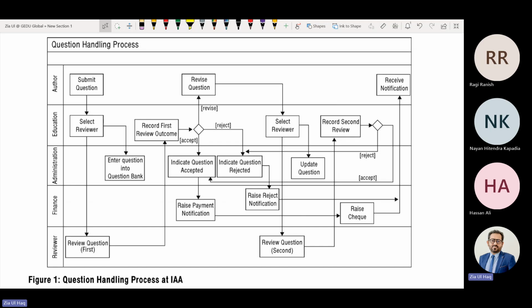Yeah. So let's see what's going on. Author submits question for the question bank. Who is designing questions? Author. He submits to the education department. What are they doing? They are selecting a reviewer. What is the reviewer doing? He is reviewing the question first.